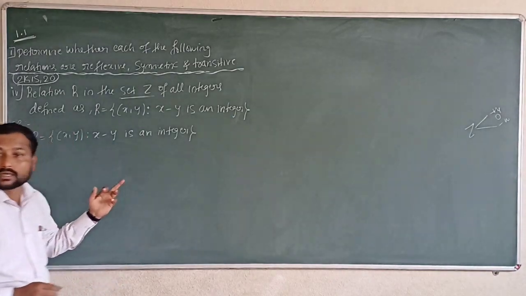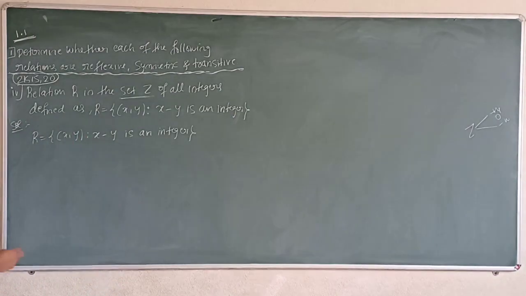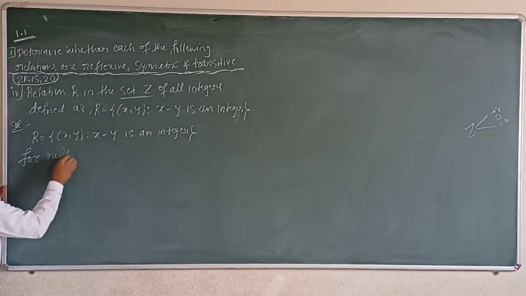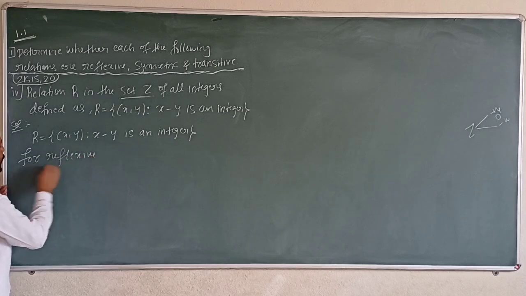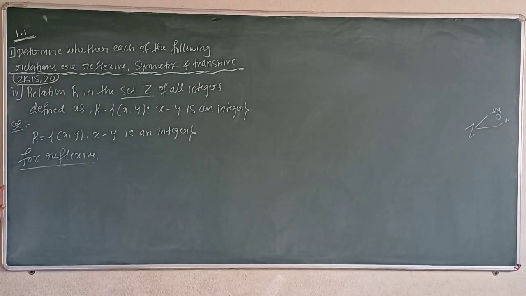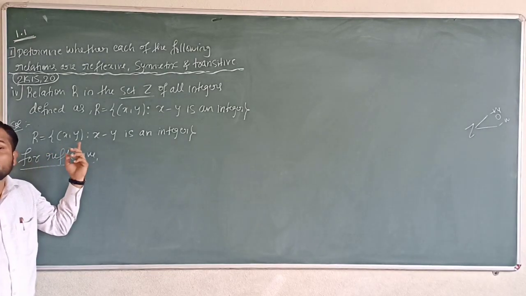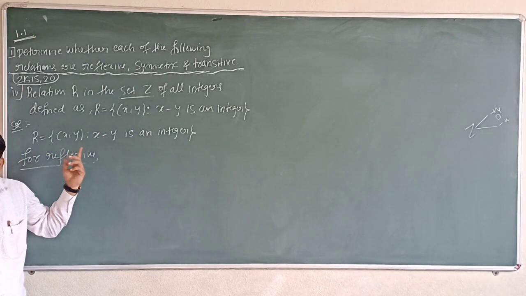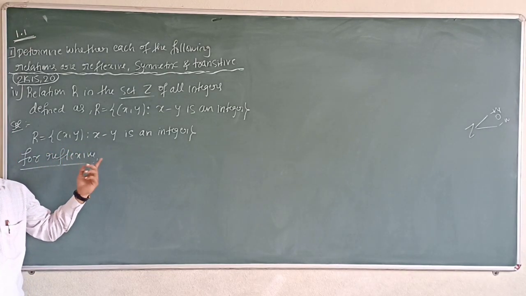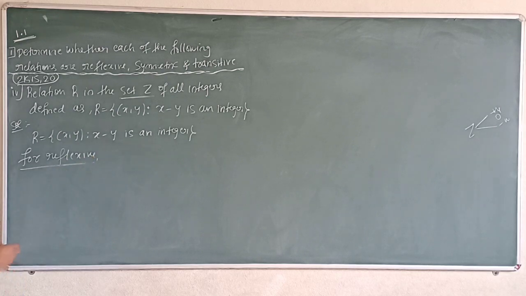Take it for reflexive now. It is difficult to write the relation in roster form, since infinite ordered pairs come. So therefore let us work on reflexive.